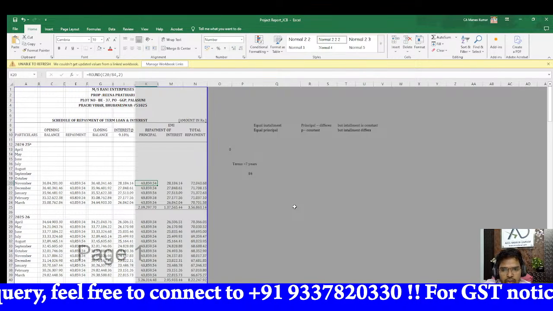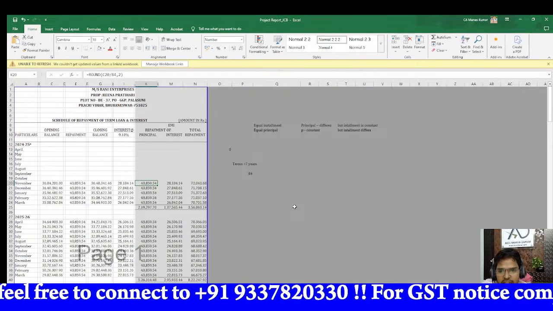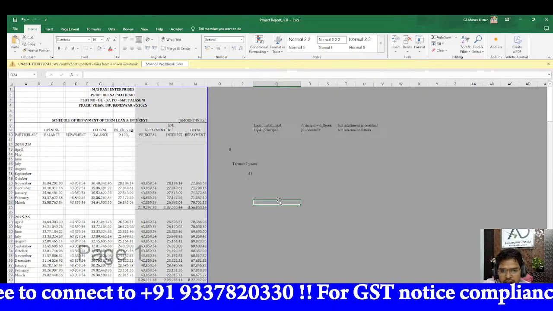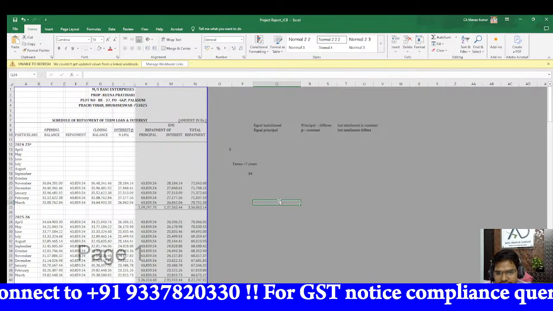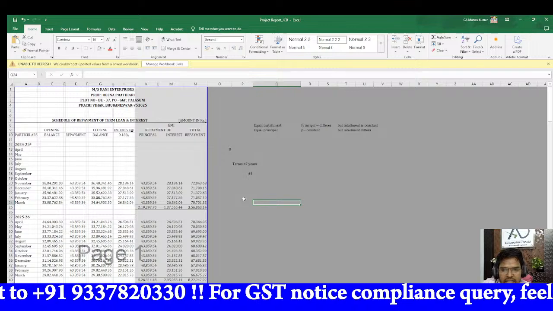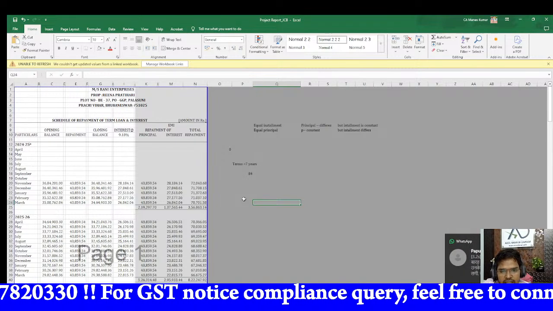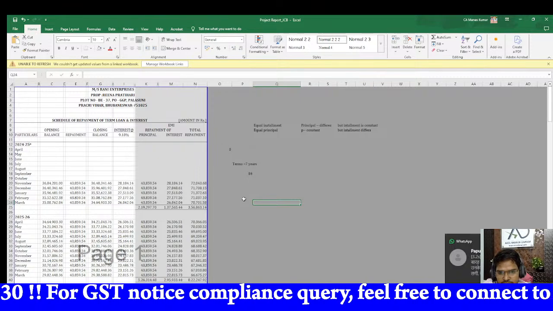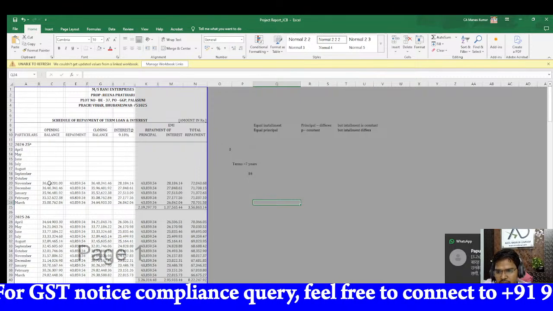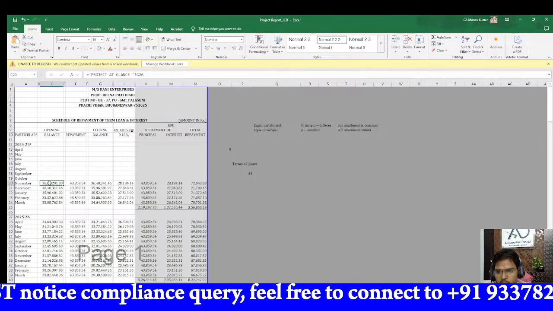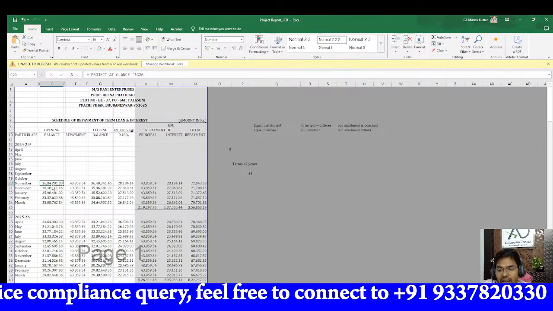Next we have to go for the interest amount. In the general sense, the bank charges interest on the opening balance, your outstanding balance. In my case, for example, for November my opening balance was 36,84,000.